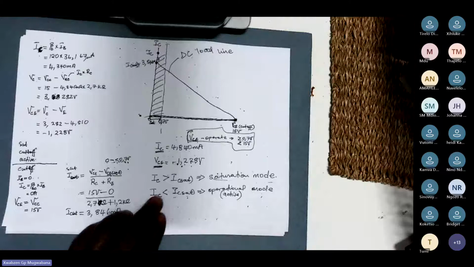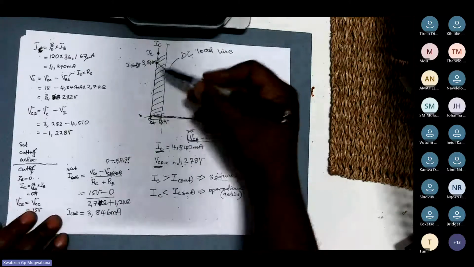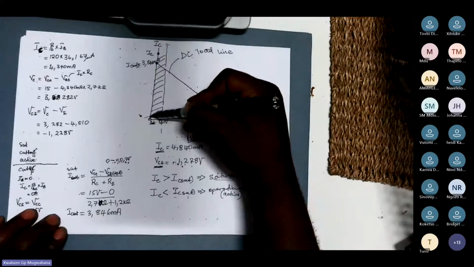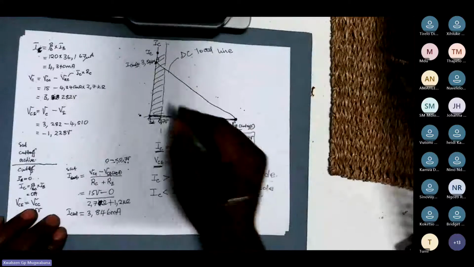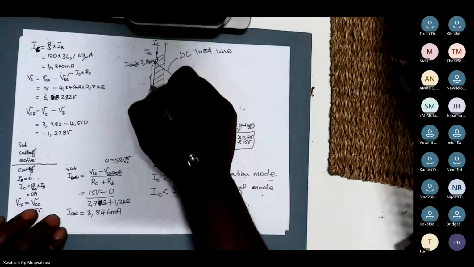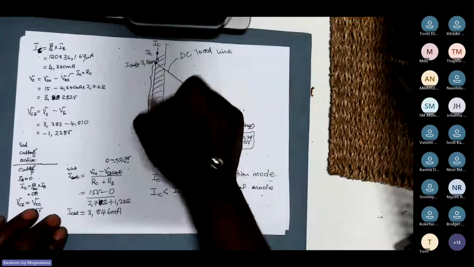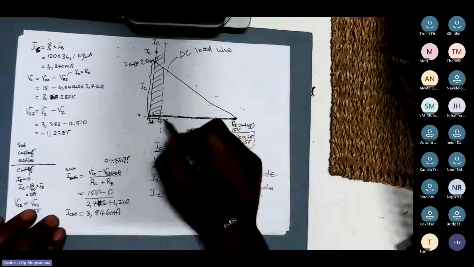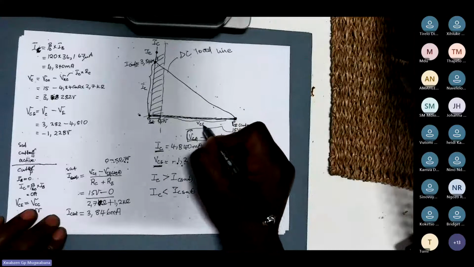That is when your IC is less than your I saturation, which means when the current IC is between 0 or greater than 0 but less than I saturation. If I find IC from here to there, that is where you find your VCE.